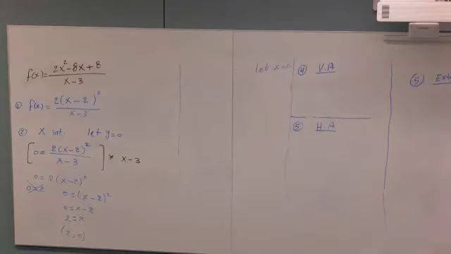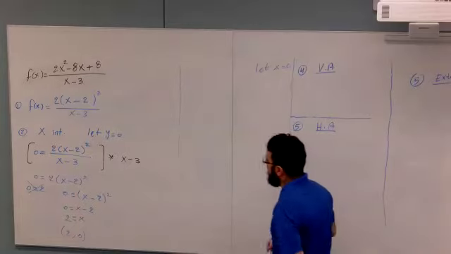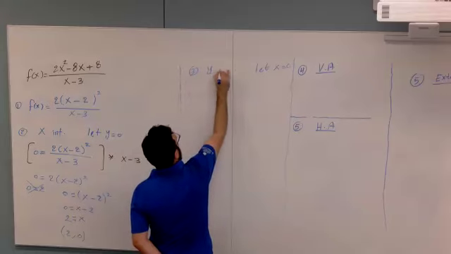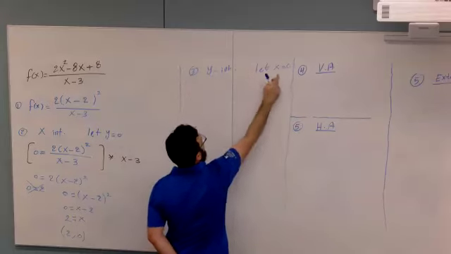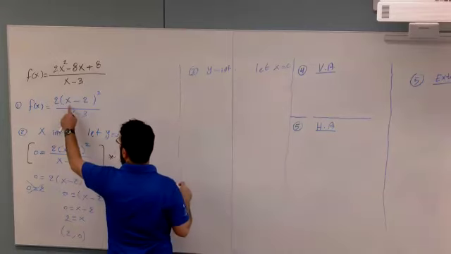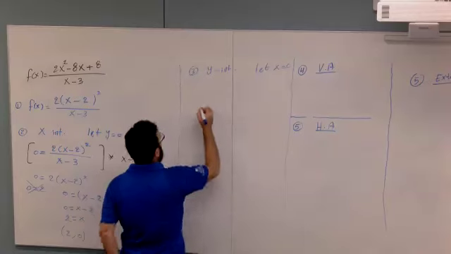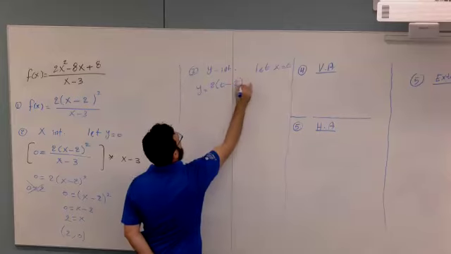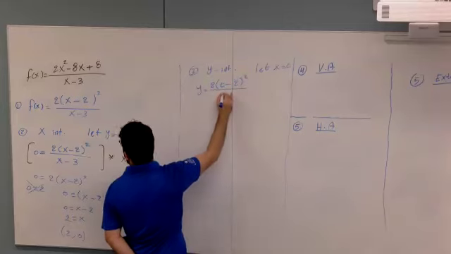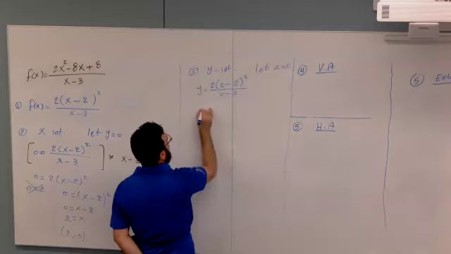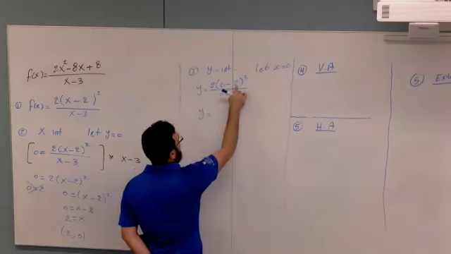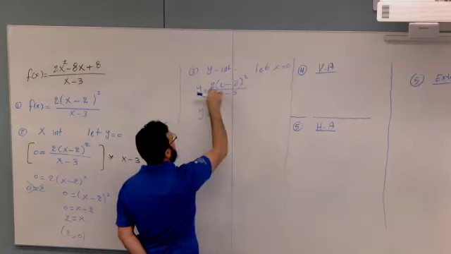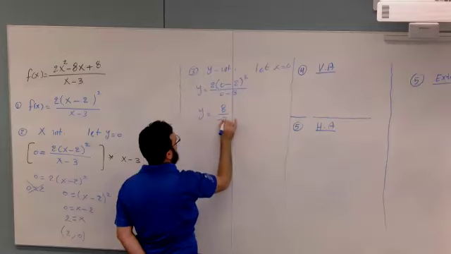Next step. Find what? Y-intercept. Let x equal 0. So I'm gonna put 0 here. That means y equals 0 minus 2 squared divided by 0 minus 3. Y equals negative 2 squared, which is 4. 4 times 2, 8 over negative 3.